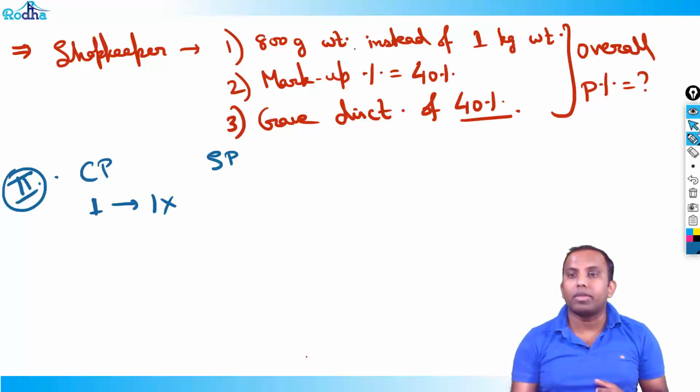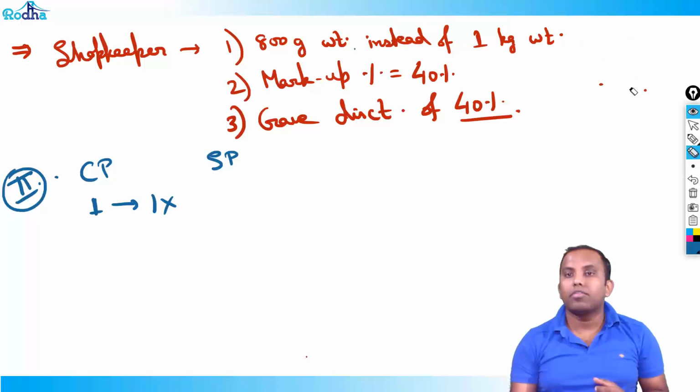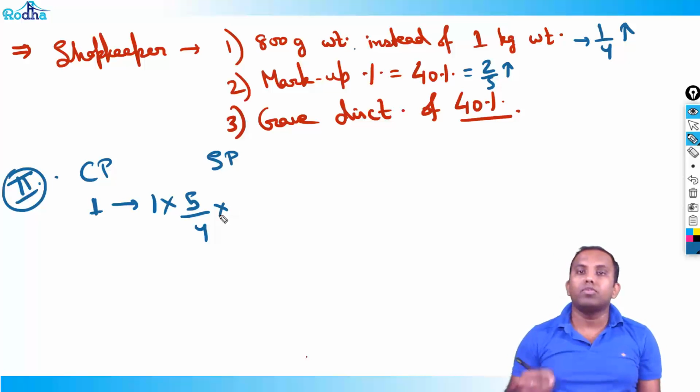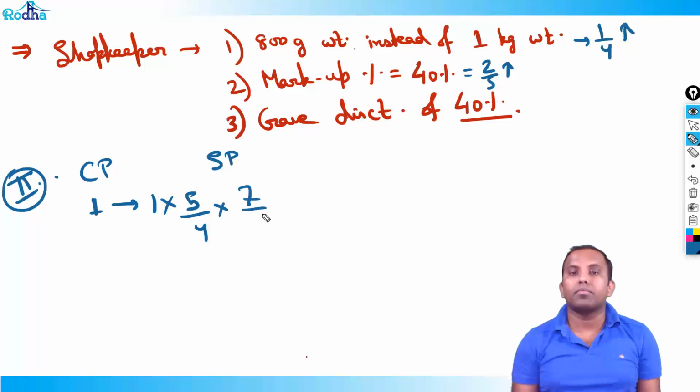Right here we are finding the overall profit percentage. So first, he is making a 1 by 4 profit. What is the multiplying factor for a 1 by 4 profit? 1 plus 1 by 4, 5 by 4. The markup is 40%, that is 2 by 5, again above it. So for an increase of 2 by 5, the multiplying factor is 1 plus 2 by 5, that is 7 by 5.